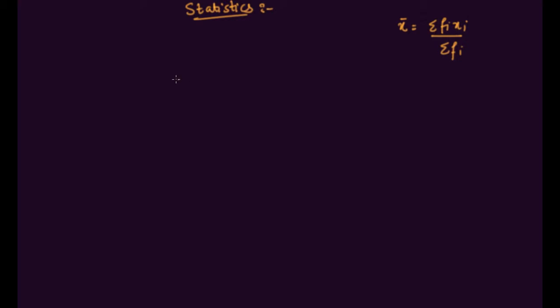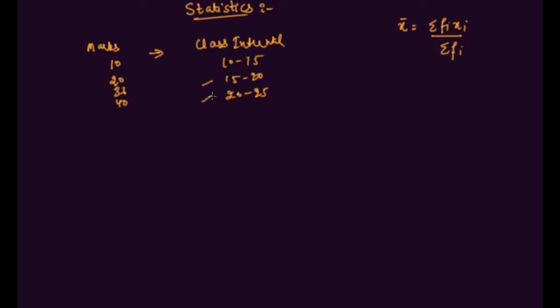Now in this lecture, first I will cover the class marks. In the previous lecture, I showed you the marks of the students given directly, like 10, 20, 36, 40, something like that. But now, if the marks of the students are given in class intervals, like 10 to 15, 15 to 20, 20 to 25, it means the marks of the students lie between 10 to 15, 15 to 20, 20 to 25.